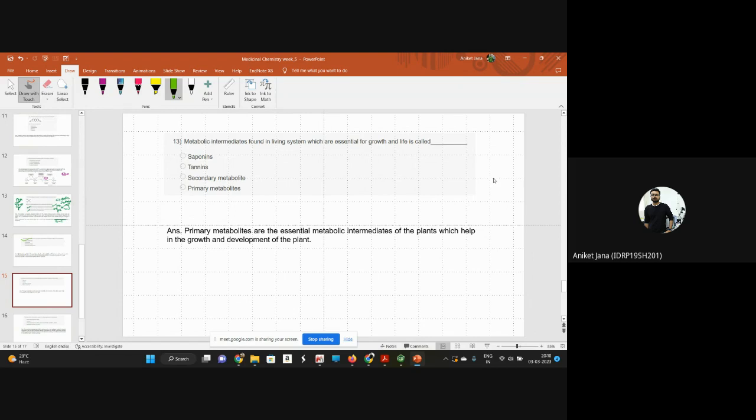Secondary metabolites are other specialized metabolites like toxins, secondary products, natural products, or organic compounds produced by any life form like bacteria, fungi, animals or plants.